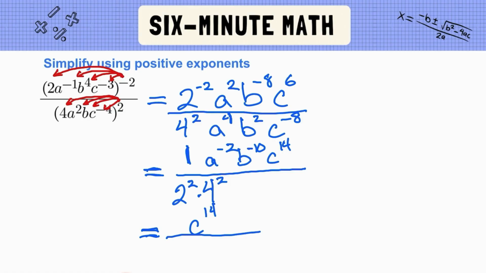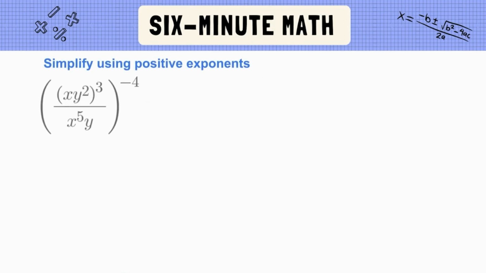And 4 times 16 is 64. My a to the negative 2 will be on the bottom as a squared, and b to the negative 10 will also be on the bottom as b to the 10, giving me a final answer of c to the 14 divided by 64 a squared b to the 10.